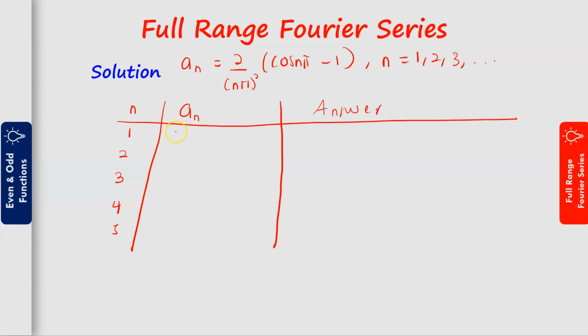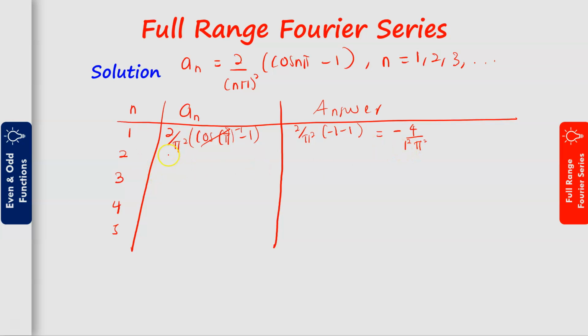Let's say when n equal to 1, we have 2 over pi square (cos pi minus 1). In this case, cos pi is negative 1. So we have 2 over pi square (negative 1 minus 1), which is equal to negative 4 over 1 square times pi square. I will mention next why I write this one as 1 square.